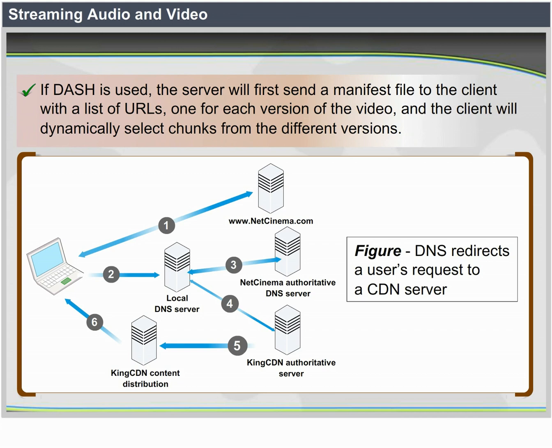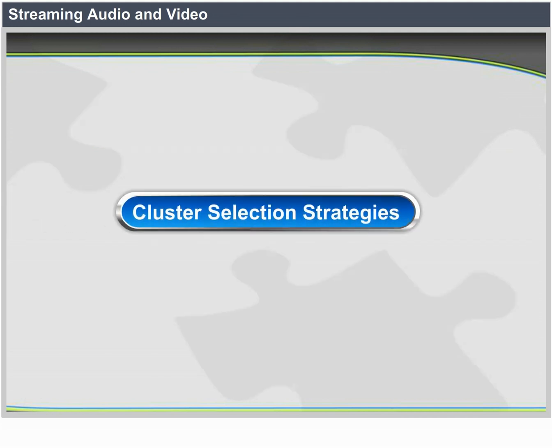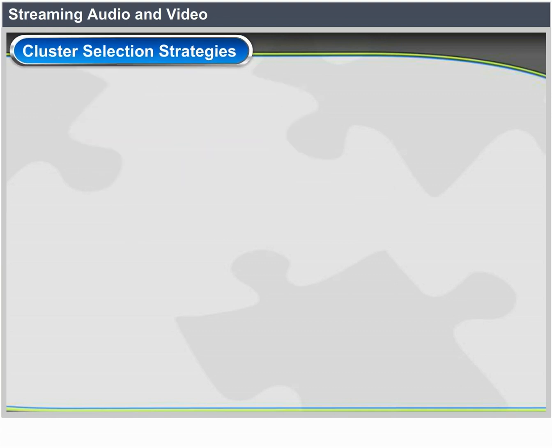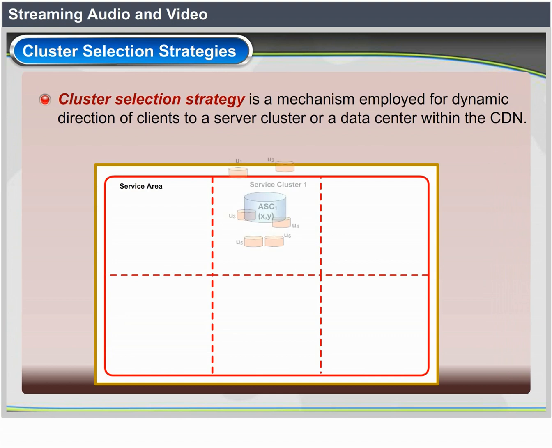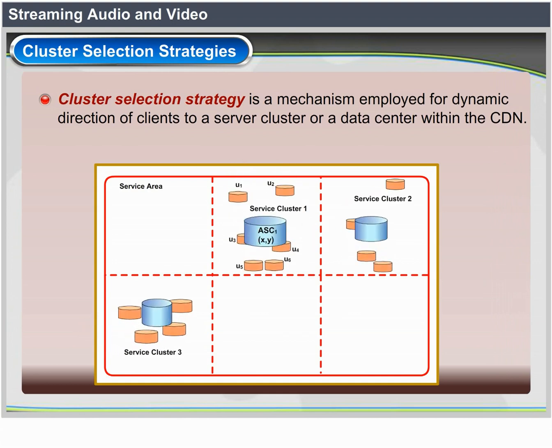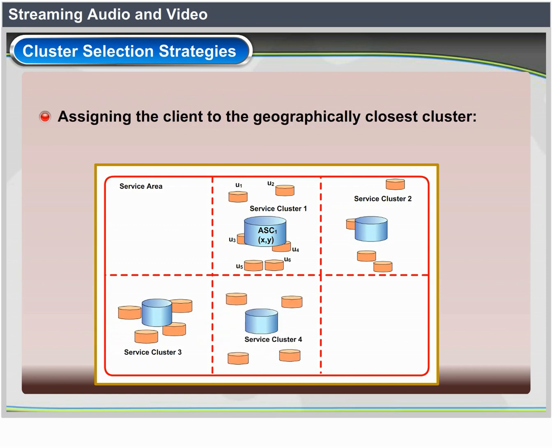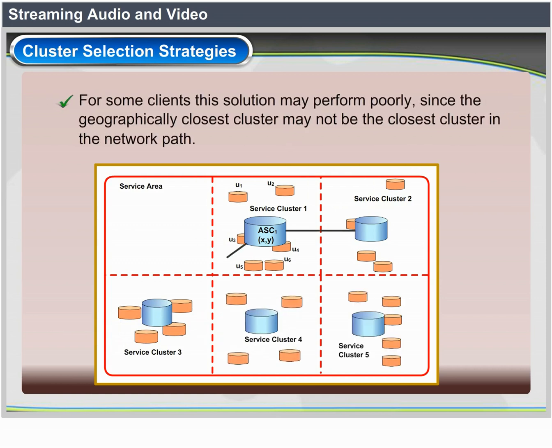Cluster selection strategies. A cluster selection strategy is a mechanism for dynamically directing clients to a server cluster or a data center within the CDN. One approach is to assign the client to the cluster that is geographically closest. For some clients, this solution may perform poorly, since the geographically closest cluster may not be the closest cluster along the network path.